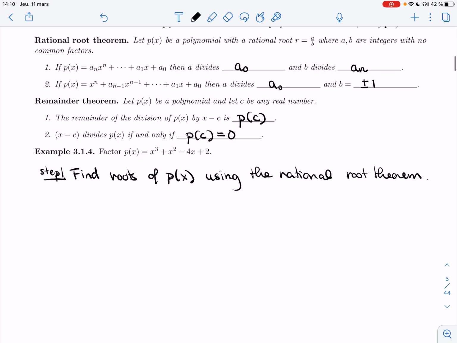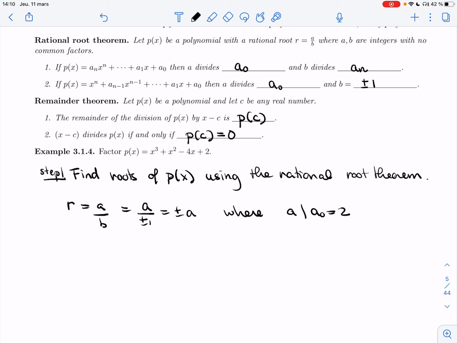Okay, so it's a monic polynomial. The first coefficient is 1, so we're in that case. So we're looking for a root a over b, which is really a over plus or minus 1, which is plus or minus a, where a divides a0, and in our case, a0 is 2.